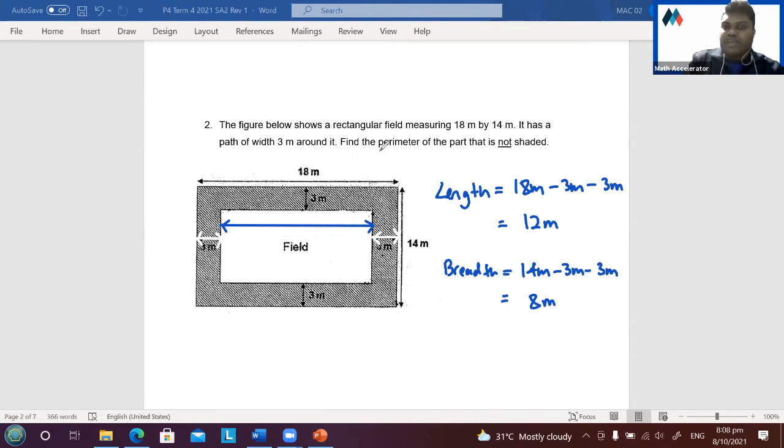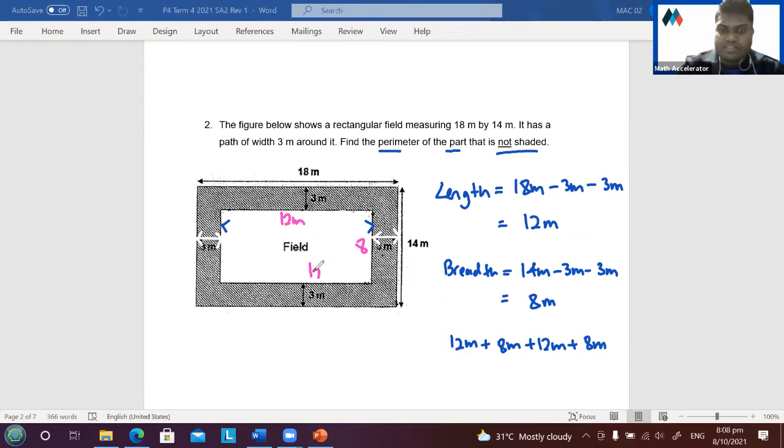Okay, so find the perimeter of the part that is not shaded. So it's 12 meters plus 8 meters plus another 12 meters plus another 8 meters. Okay, this is 12.